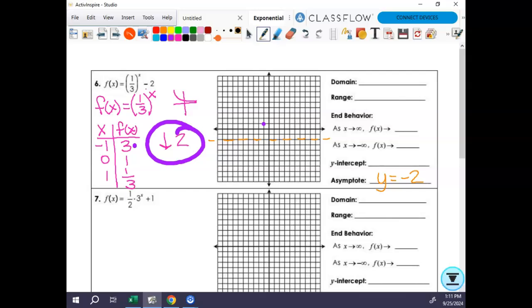Then I put my pencil at 0, 1, move it down 2. That's where that one is. Then 1, 1/3, move down 2. That's about right there. Everybody understand the concept there? And we're not having to make all these T-charts with crazy numbers and do all that.